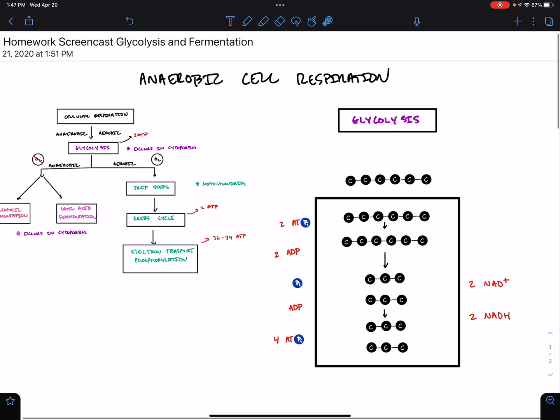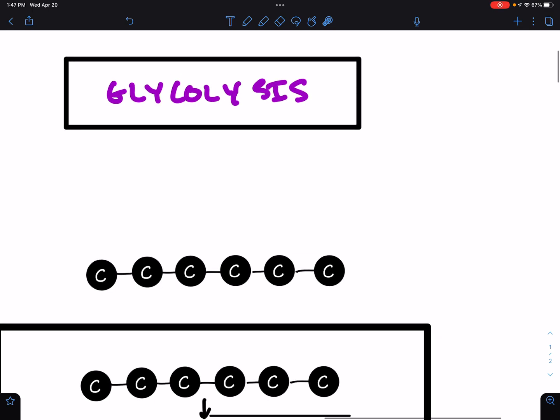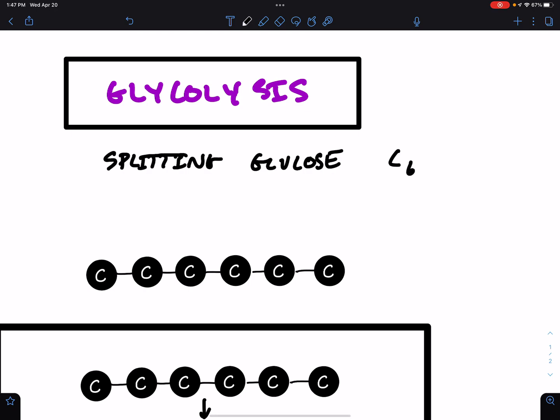Okay, so what is glycolysis? Glyco meaning relating to sugar, and lysis meaning to rupture or to split. Glycolysis is just the splitting of glucose. Now, you know the chemical formula for glucose. It's C6H12O6.